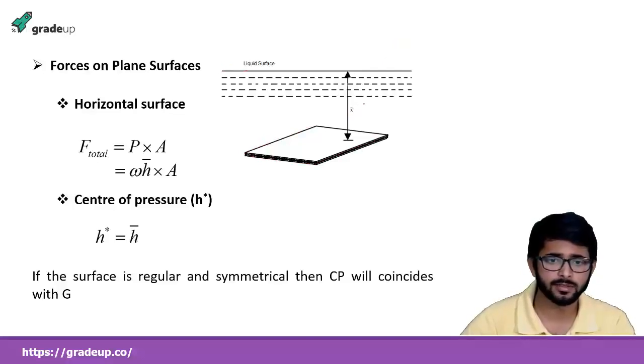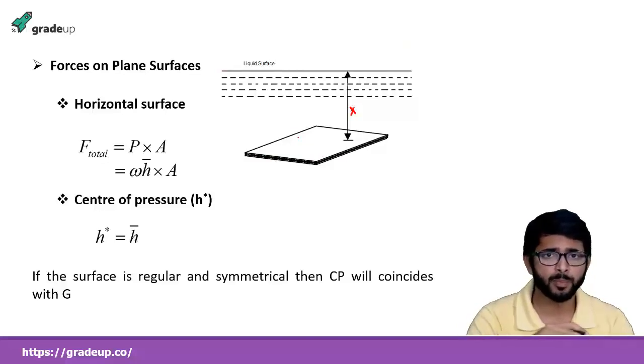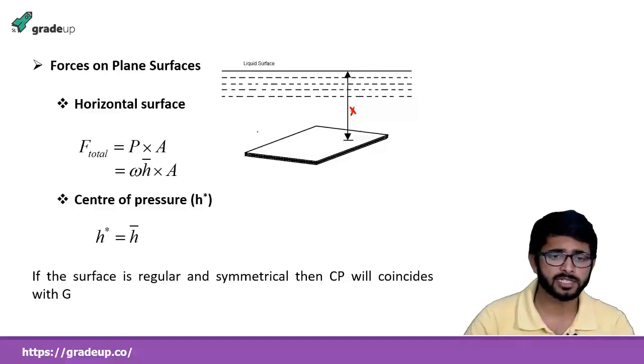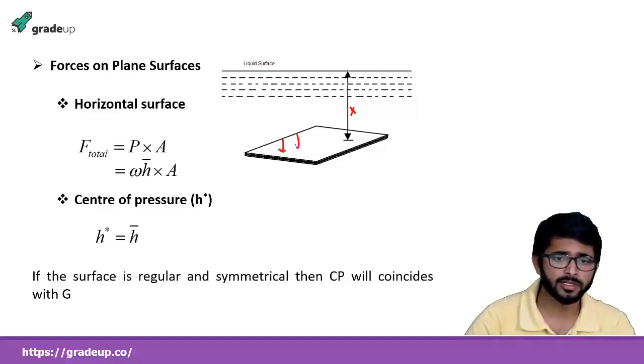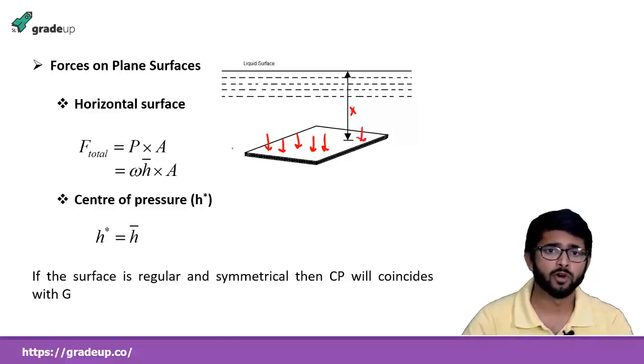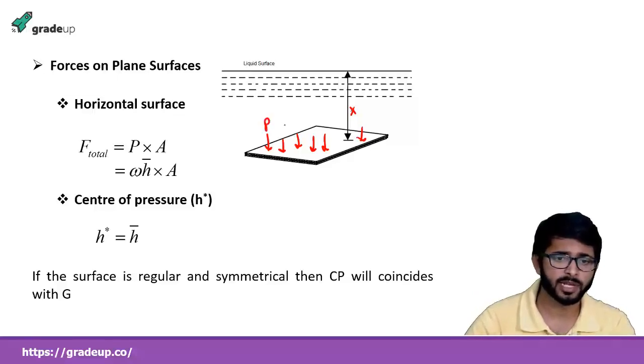We know that in a horizontal plane, the pressure intensity at every point is the same. Here also the pressure applied in a horizontal plane is the same. The only variation occurs in the vertical direction. So say points 1, 2, 3, the pressure will be the same.